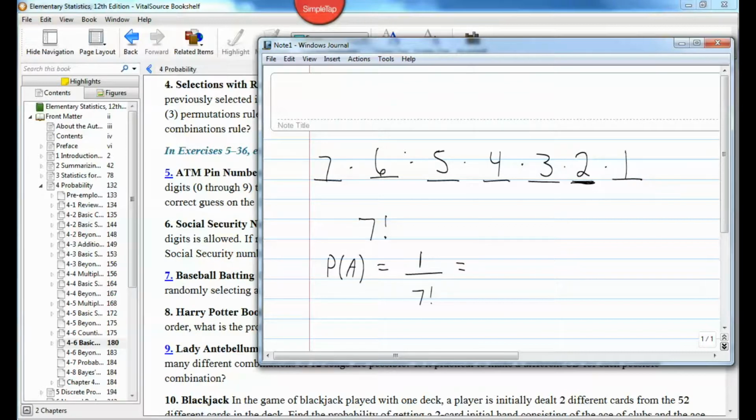You can either work it out or you can use your calculator, and you'll get 1 out of 5,040. So that's the chances you read the books in order if you randomly select the books. There's only one possible way that you can read the books in order. There's 5,040 possible ways to read the books, so if only one of those is correct, then it's 1 over 5,040.